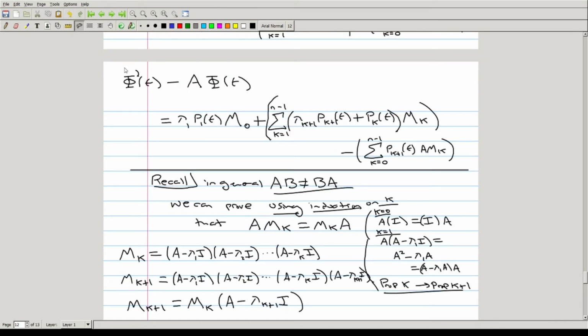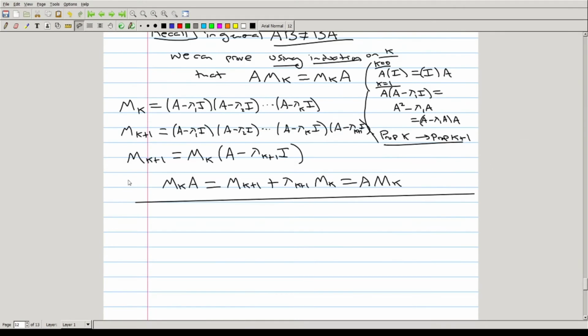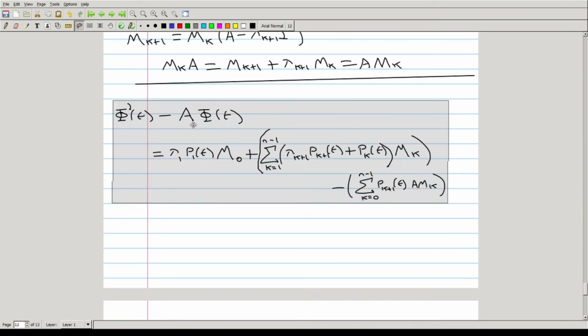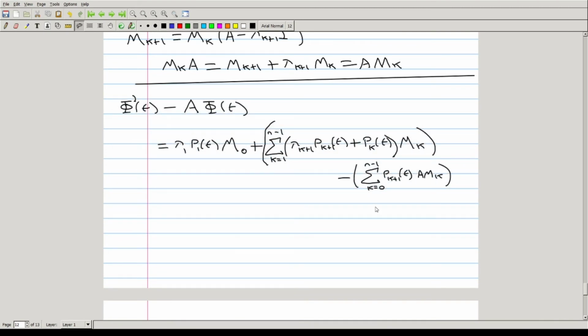And so in our summation from before, this summation right here can be re-expressed as negative the summation from k equals 1 to n minus 1.